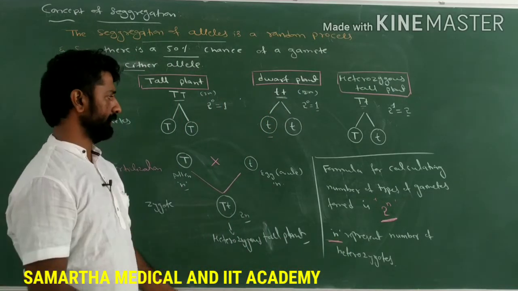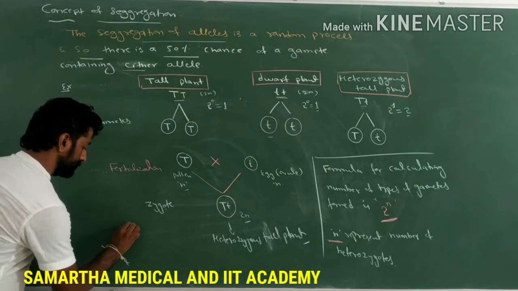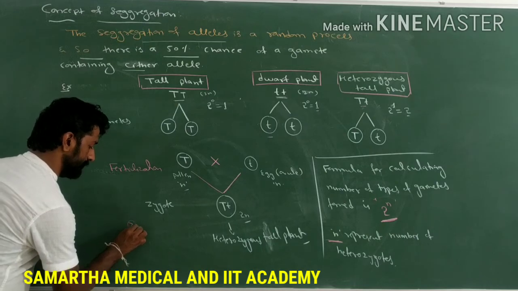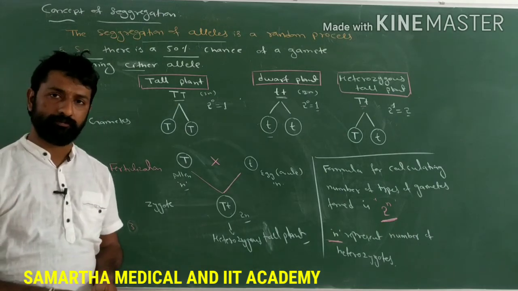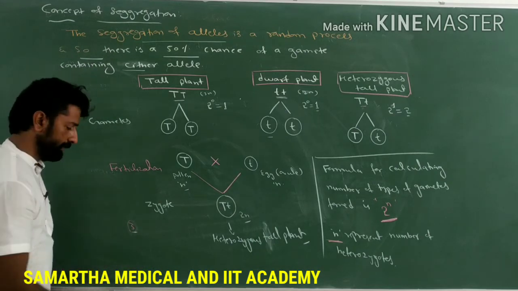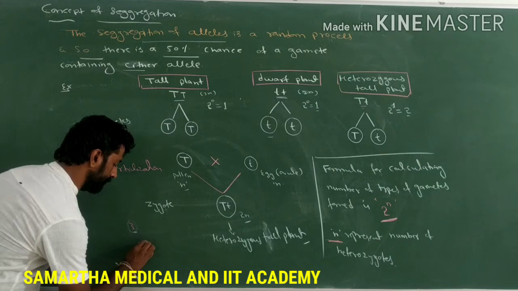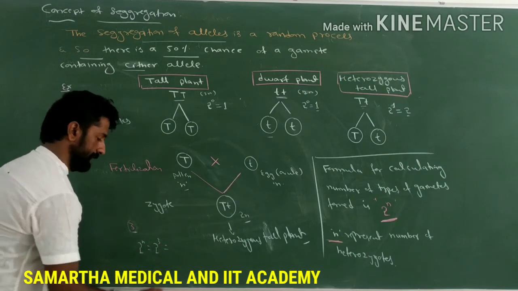Similarly, for example, in an individual, if 3 heterozygous conditions are present, how many types of gametes are produced? It's very simple. We have the value of n. If you substitute that value of n here, it is 2 power 3, which equals 8.